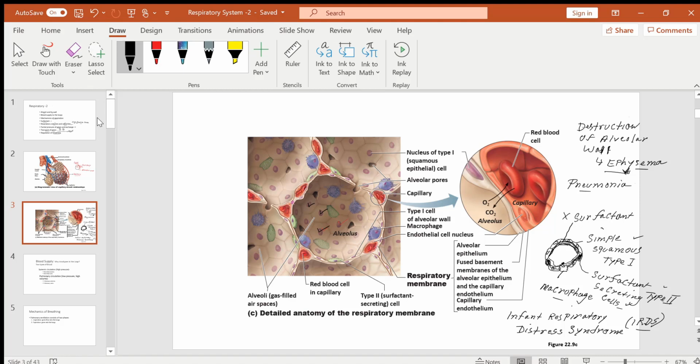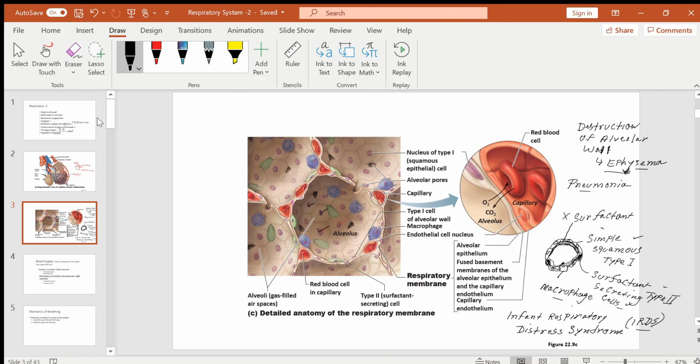So inflammation can occur due to infection, microorganisms, or chemicals. In that case, the alveolar wall will secrete fluid that will accumulate inside the alveoli, right? That fluid sometimes becomes pus.